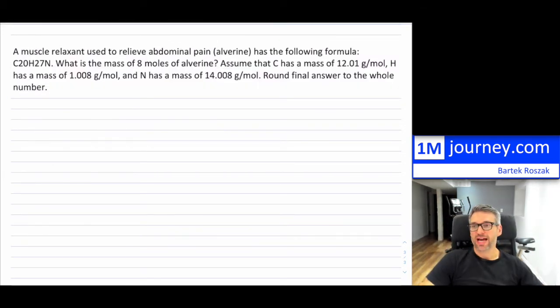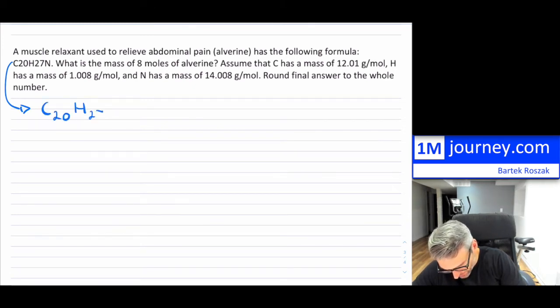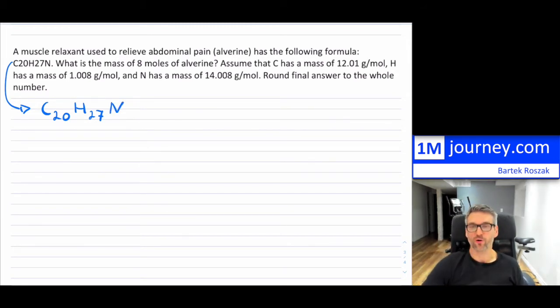A muscle relaxant used to relieve abdominal pain, Alverine, has the following formula: C20H27N. I guess those should have been subscripts within here, so let me write this in subscript form. Okay, so that's the actual formula.